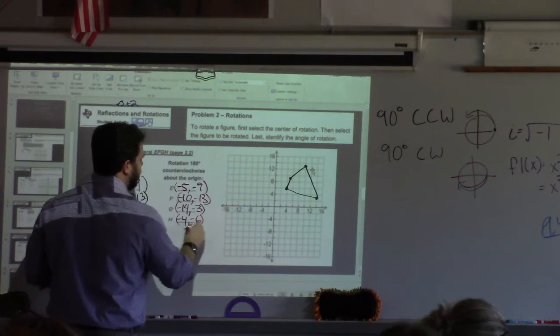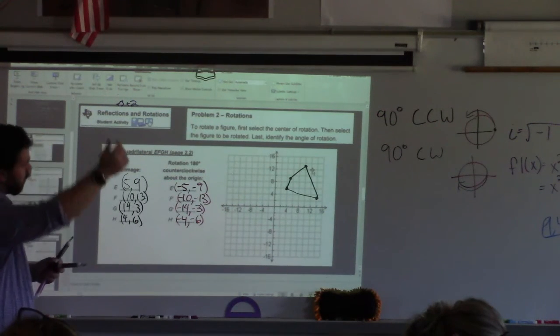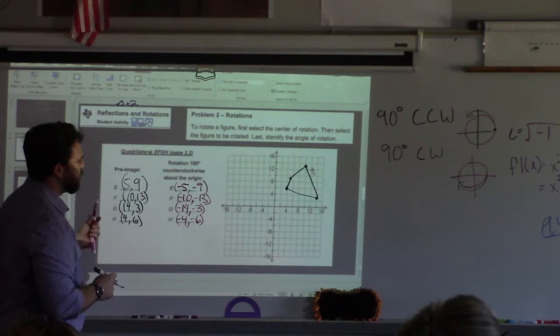By the way, we didn't do this on the last one, but we really should also mark what each of these coordinates are.